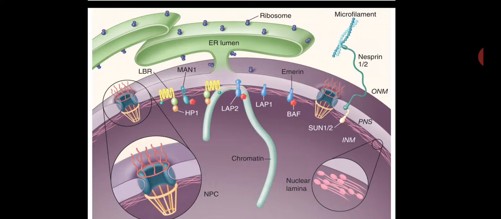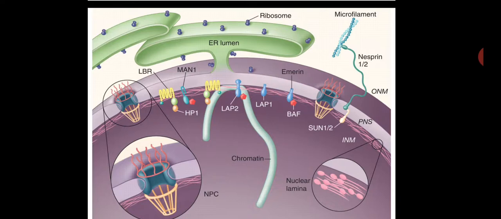These two inner and outer membranes contain nuclear pore complexes. Moreover, the inner membrane of the nucleus contains binding sites for chromatin.